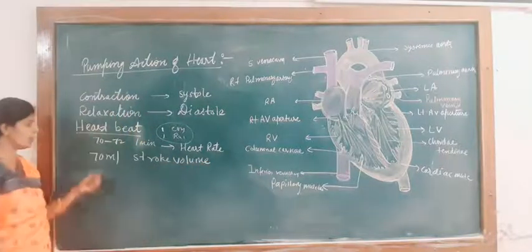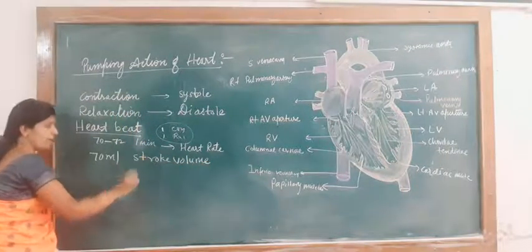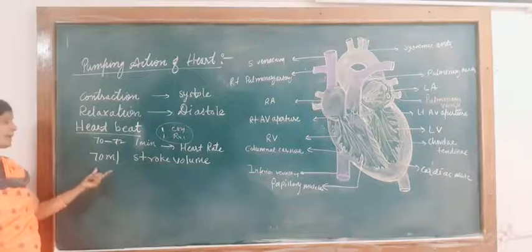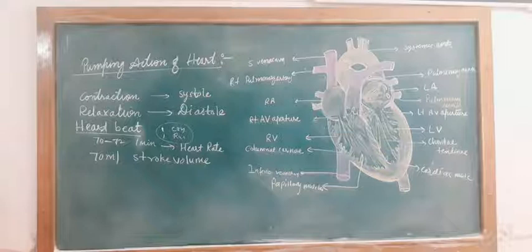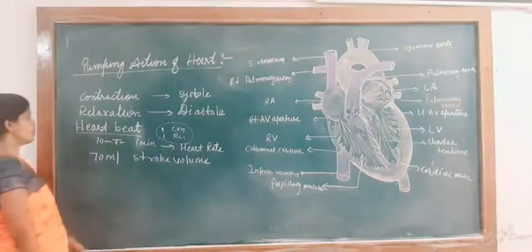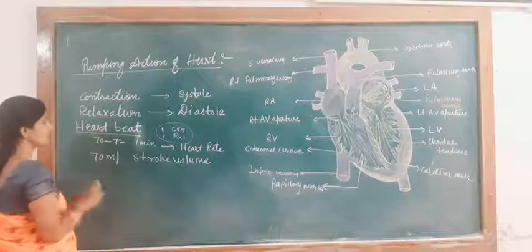What is the stroke volume? 70 ml, when the ventricles contract. It means the heart pumps 72 times, 70 ml of blood each time, so now we have to multiply this.